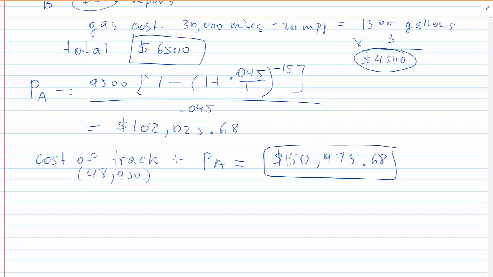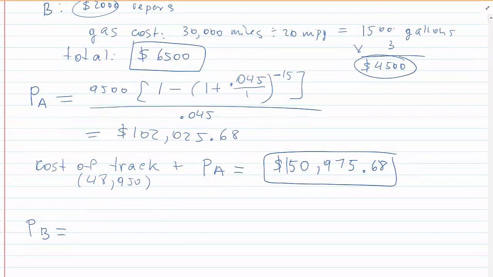It's 15 years, a long period of time, right? Then the second truck will be PB. We need a lower cost to operate it, correct? The yearly cost is 6,500, so it should be a lower amount, and everything else is the same.